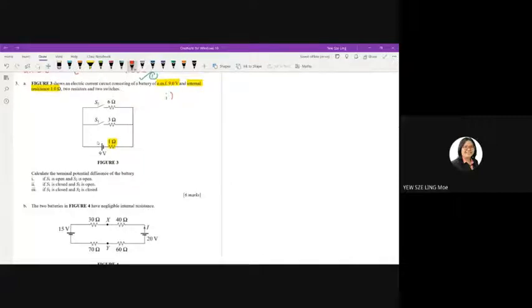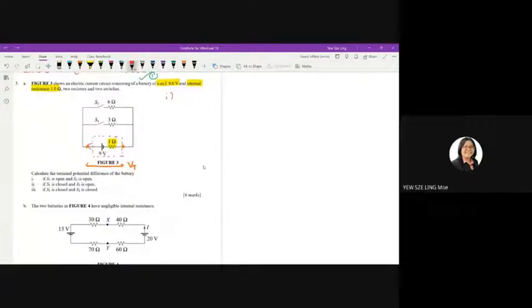It means no voltage drop across the internal resistance. So in this case, the terminal potential difference of the battery, so this whole thing is the battery. What we want to see right now is the terminal potential. We want to look at the potential between this point and this point. This is what we call terminal voltage.